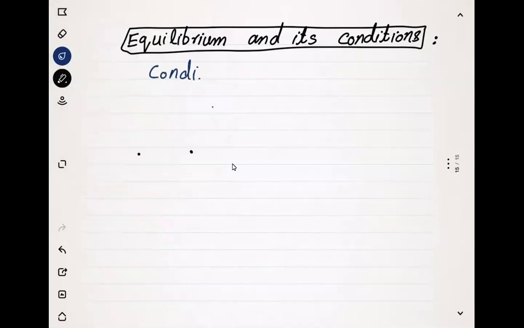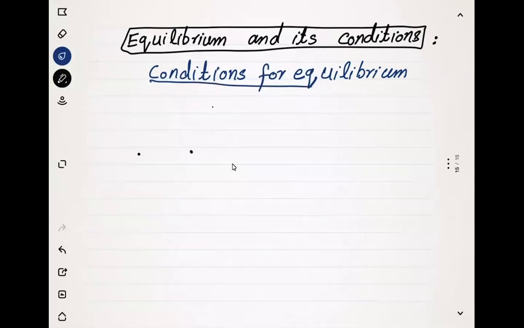Conditions for equilibrium. There are two conditions for an object to be in equilibrium.